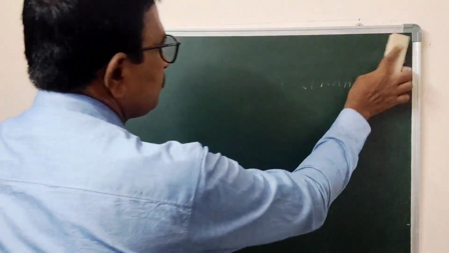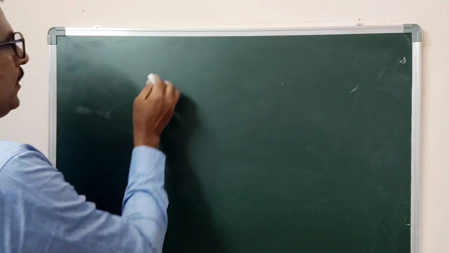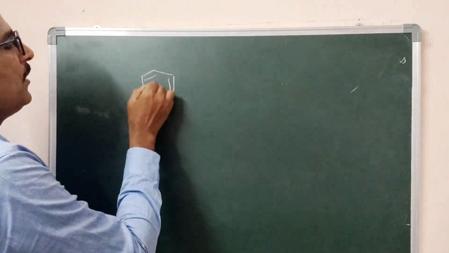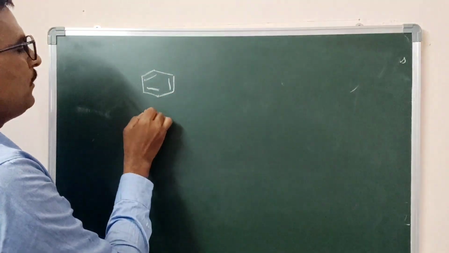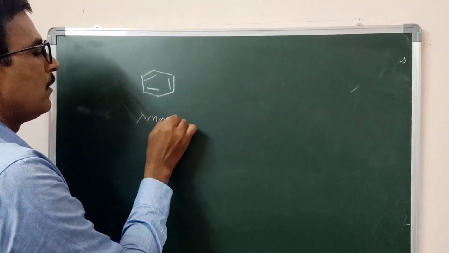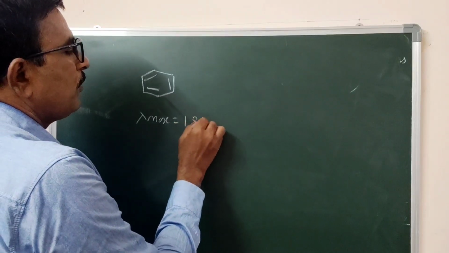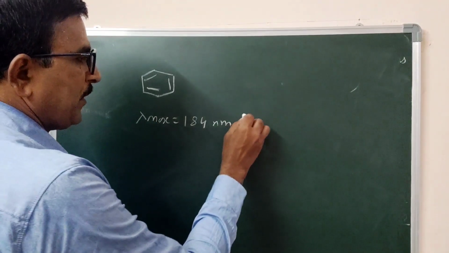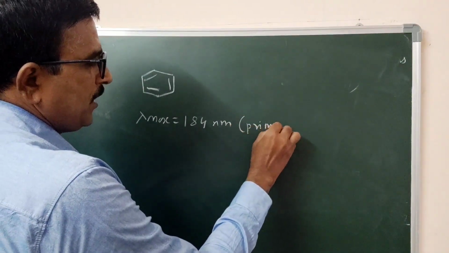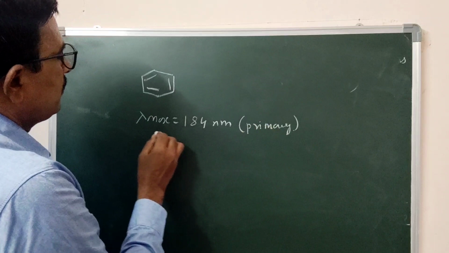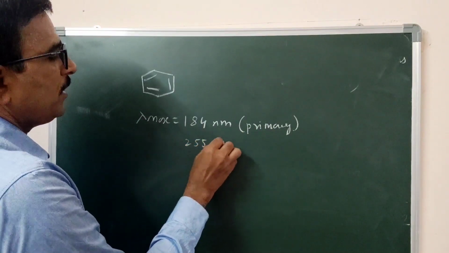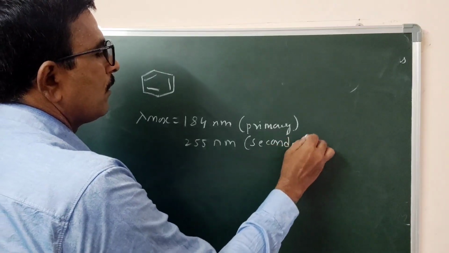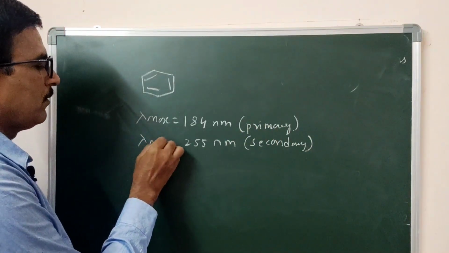For example, you take benzene, where the primary lambda max is 184 nanometers and the secondary lambda max is 255 nanometers.